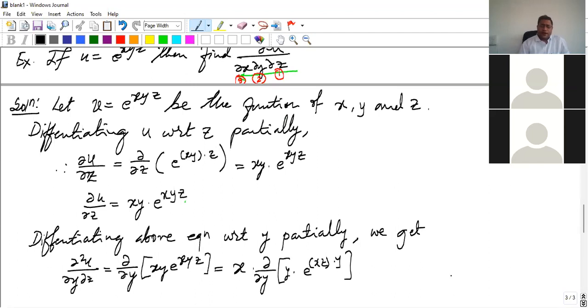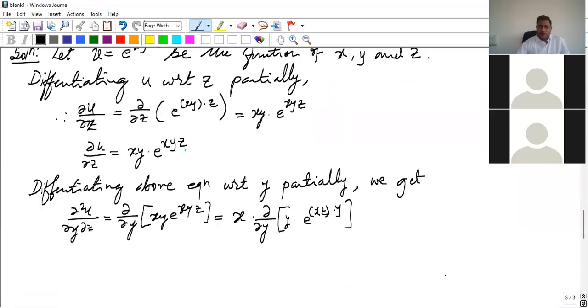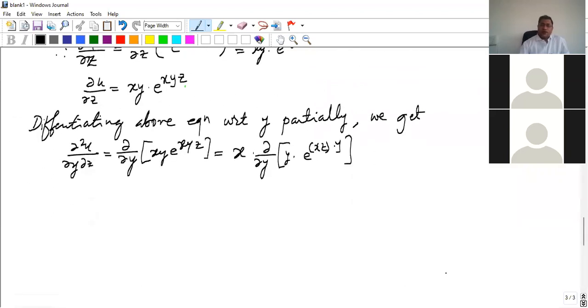Because we are treating x and z as constants as we are finding the derivative with respect to y. Now here we have to use the u into v rule. What we know about the u into v rule is that the derivative of uv is u times the derivative of v plus v times the derivative of u.